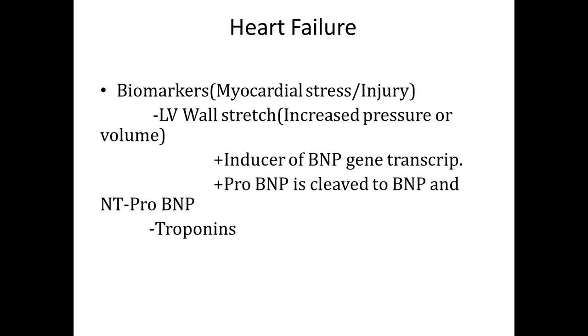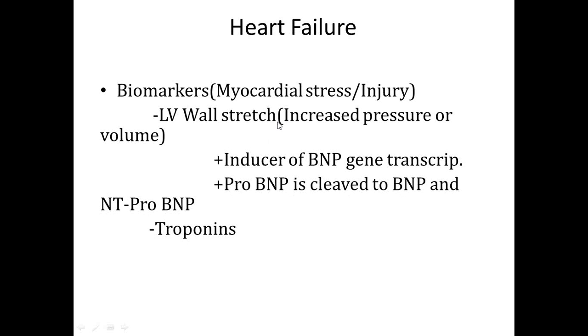For the heart to maintain any type of function, there's going to be increased pressure and increased volume, because that's how the heart is going to try to increase the contractility. By increasing the pressure and volume in the LV, you're going to have certain changes in the genetic structure, and you're going to get pro-BNP, which is cleaved to BNP and NT-proBNP.